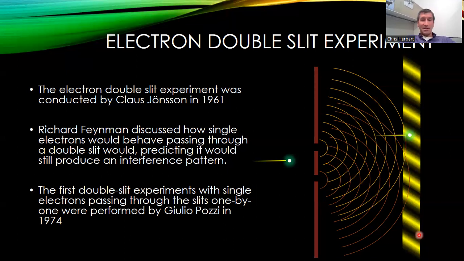And he predicted it would still produce an interference pattern. So for instance, if we were to take an electron and pass it through the slit, it would have a higher probability where constructive interference would be predicted for a very large ensemble of electrons coming through the double slit, and a lower probability where we see destructive interference.